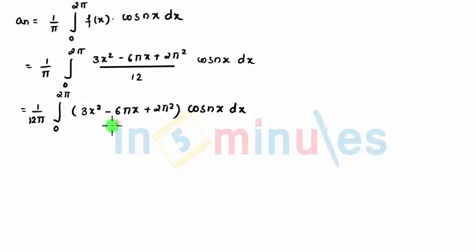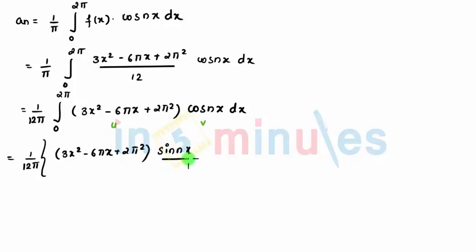So let's solve it by u into v. Now I can say here 1 upon 12 pi, and I get 3x square minus 6 pi x plus 2 pi square, integration of cos nx, sin nx divided by n, minus differentiation of this, which comes to be 6x minus 6 pi, and again integration of that comes to be minus cos nx divided by n square.